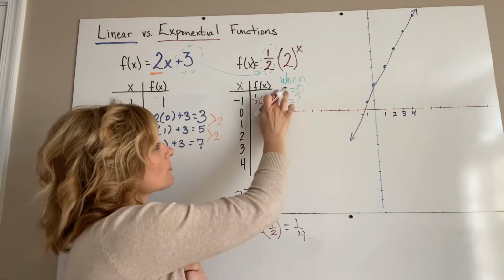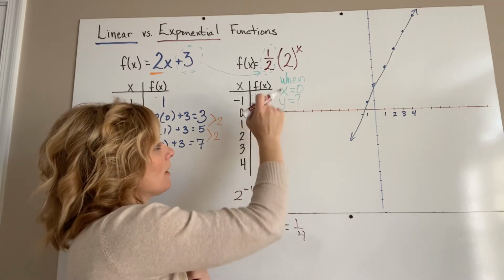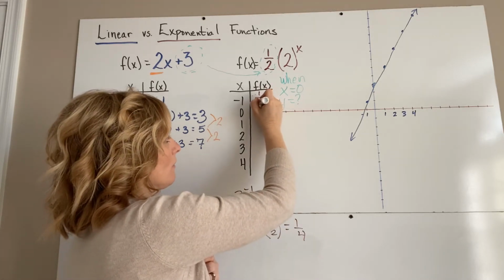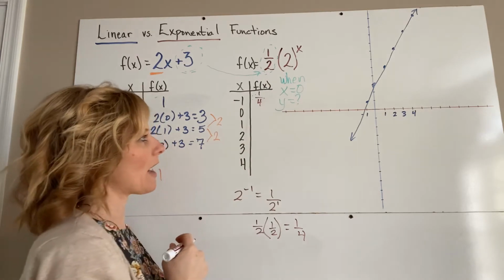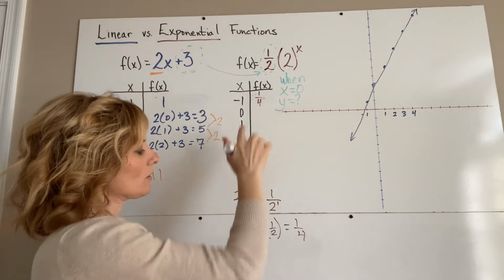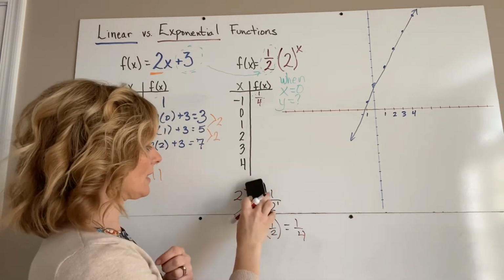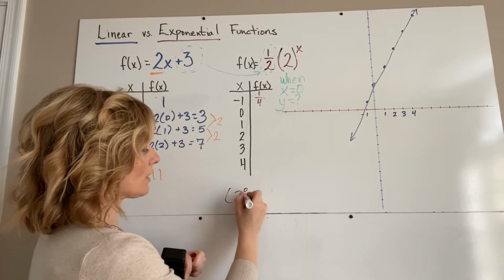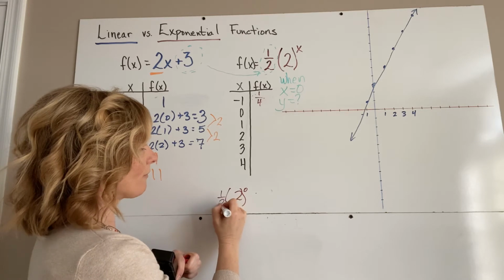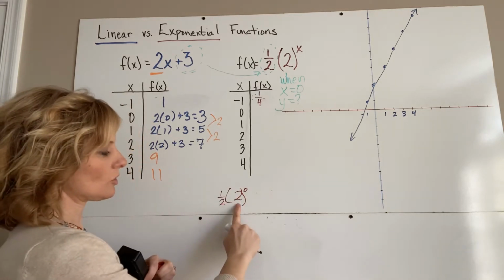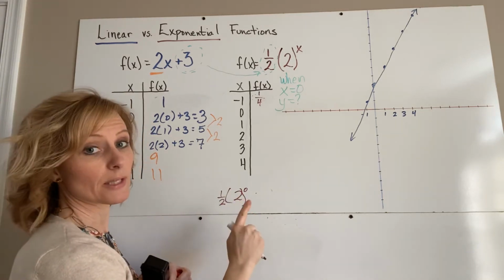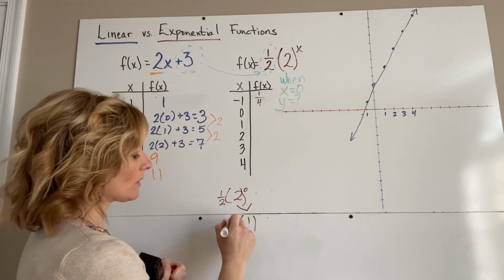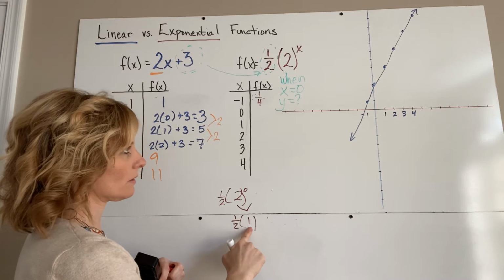So for our first problem here, when x is -1, y is going to be 1/4, or f of x, our output. When we plug a 0 in, we get 2 to the 0. Remember, this is times 1/2, okay? So 2 to the 0, we know anything to the 0 power is 1. Well, what's 1/2 of 1? 1/2.